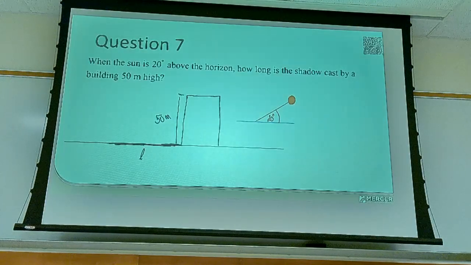Well, what we do know is that if you draw that out like that, this angle must also be 20 degrees. So from the top of the building to the edge of the shadow has to form a 20-degree angle.